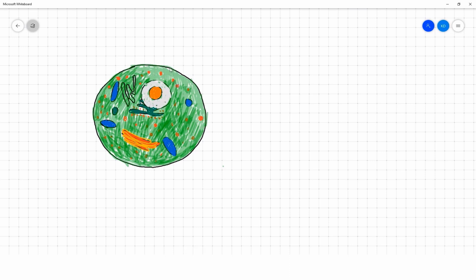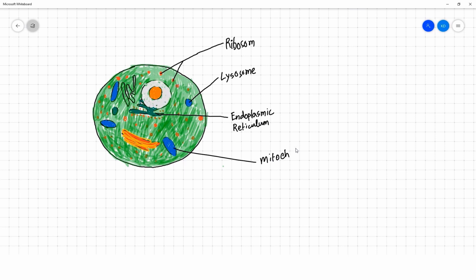Now the point over here, this is ribosome. And this is lysosome, and this is endoplasmic reticulum. Endoplasmic reticulum is very important. I will discuss it topic wise. Mitochondrion, and this is the Golgi apparatus or Golgi body. Somebody calls it the Golgi body, and others the Golgi apparatus, cytoplasm, and this is the nucleus.